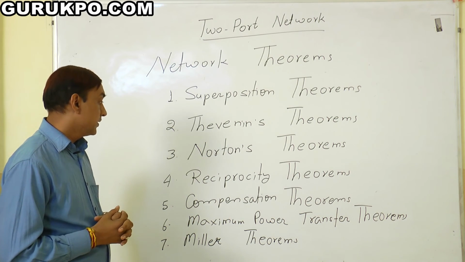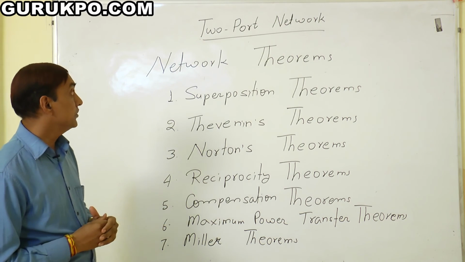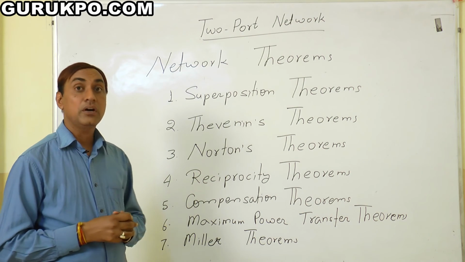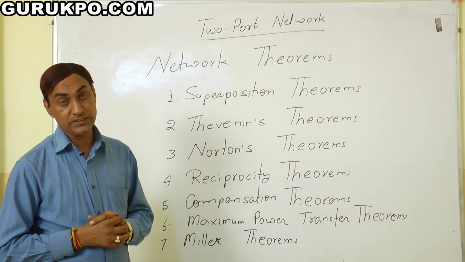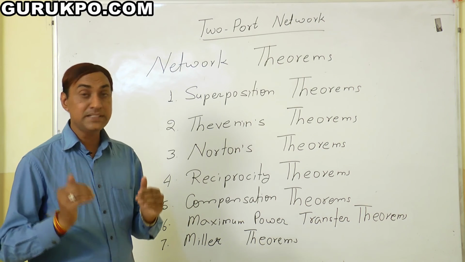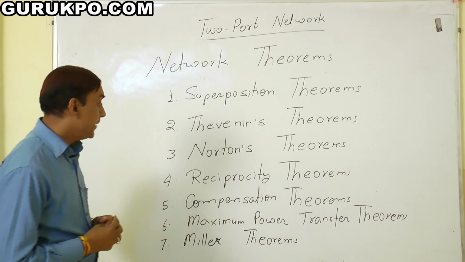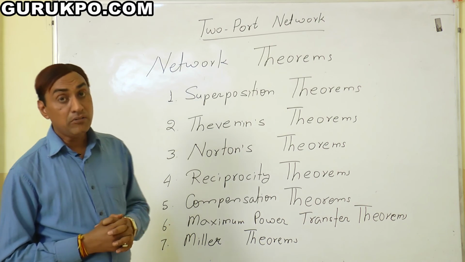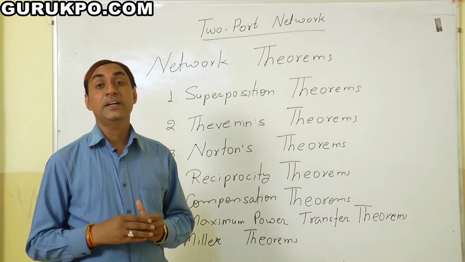Now, number 5, compensation theorem. Compensation theorem is also used in two-port networks. In the compensation theorem, we find the resultant or minimization of the two-port network. That's why we say we compensate the resistance. That's why we say compensation theorem. And number 6, maximum power transfer theorem. How can we get maximum power transfer from any network?